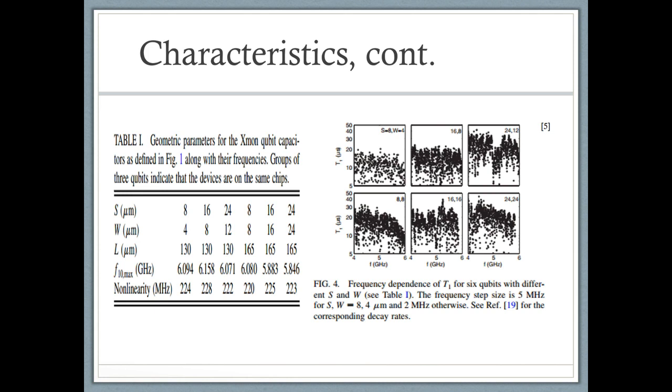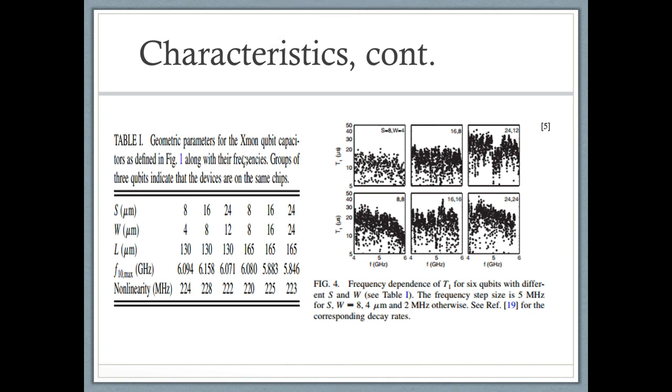So the loss arises from the electric fields coupling with two-level systems with dipole moments. The loss also depends on the participation ratio, which depends on the electric field distribution. Widening the capacitor reduces the surface participation, which is a natural explanation for the approximately linear increase in average T1 with the width.